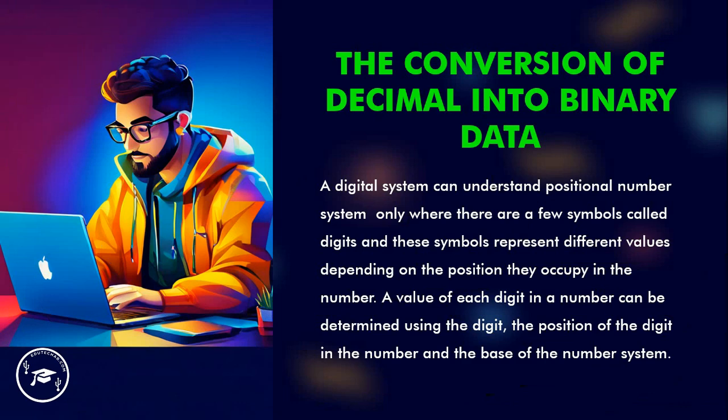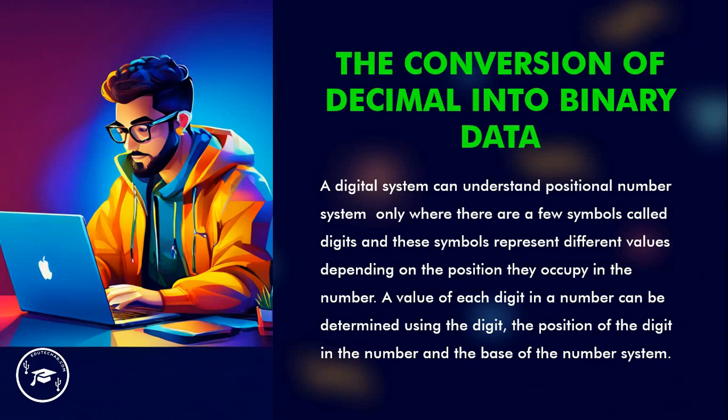So we look at the conversion of decimal into binary data. When we say a digital system, we can understand it as a positional number system, where there are a few symbols called what? Digits. And these symbols represent different values depending on the position they occupy in the number.